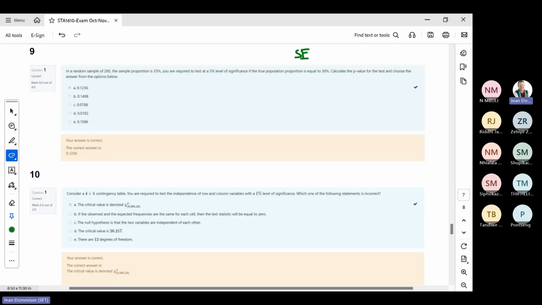Calculate the p-value for the test and choose the answer from the options below. So here basically you're going to work out the z, and with that z you're going to get to the z table to work out the p-value.